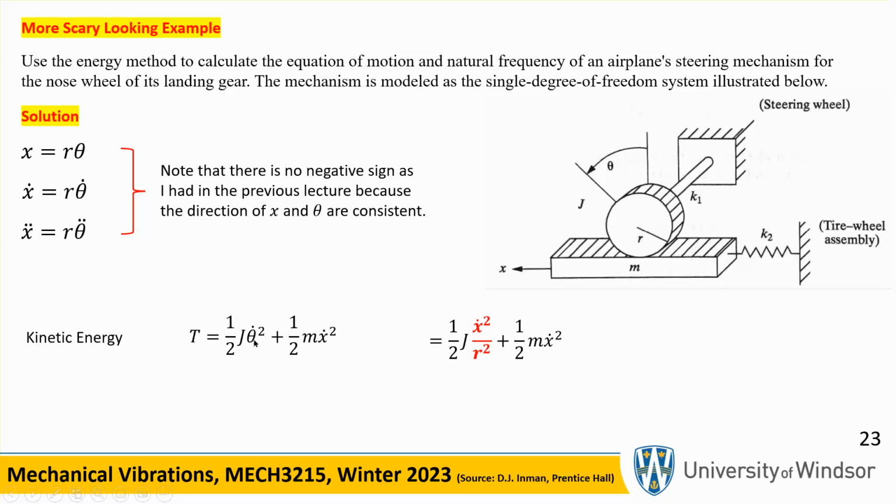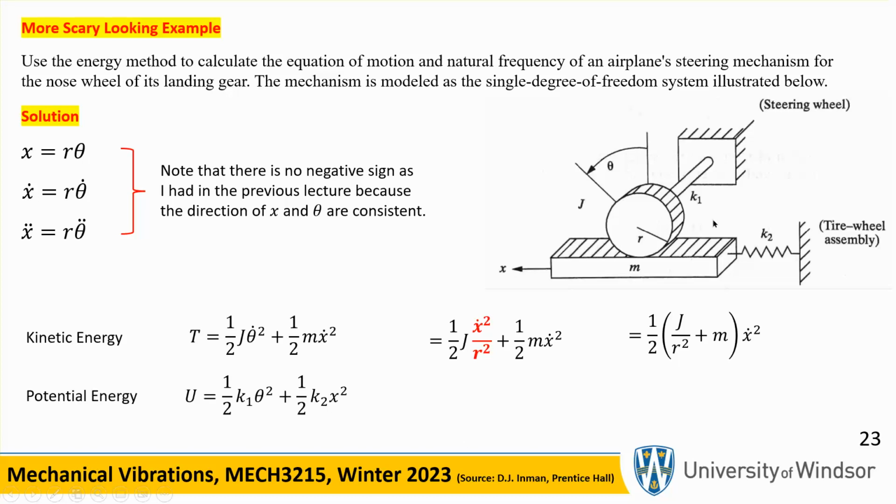Now what I've done is I can find theta dot and replace it with x dot over r. Depending on whether you want your final equation to be in terms of x or theta, you eliminate theta or x. Here I've eliminated theta by going to this equation, finding theta dot right there, and cleaning it up because they have a common x dot squared.